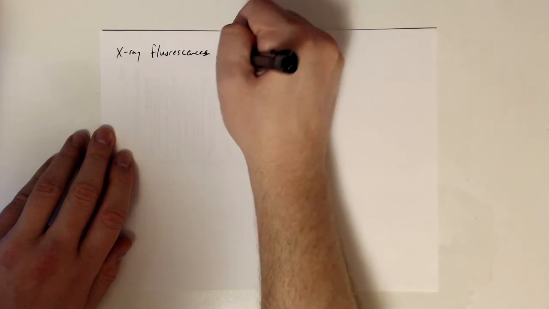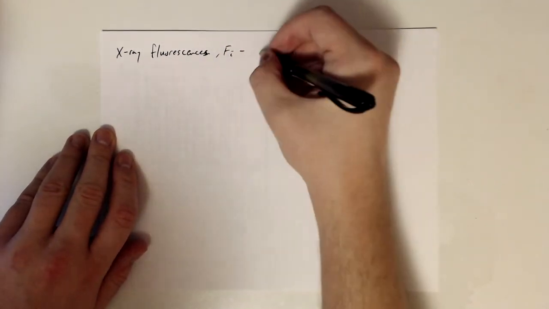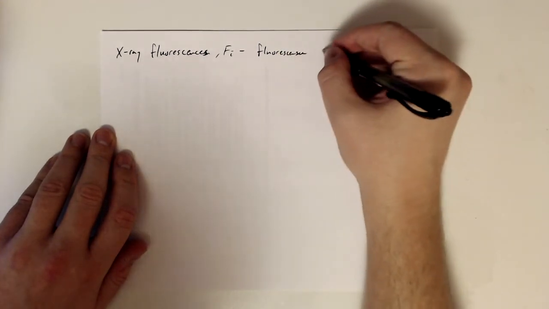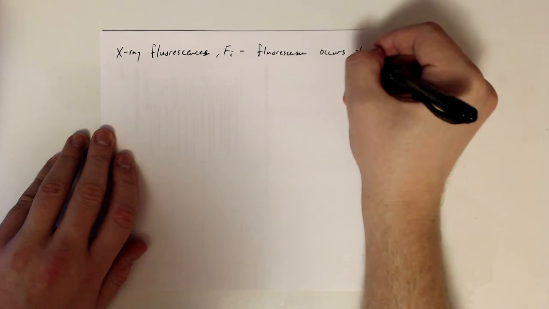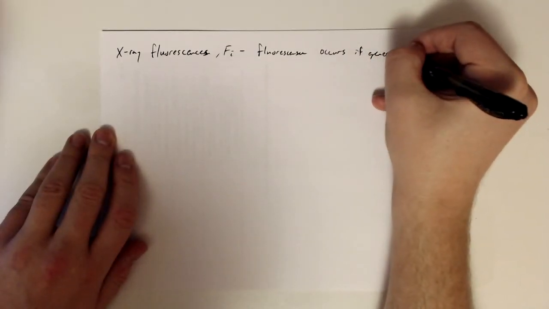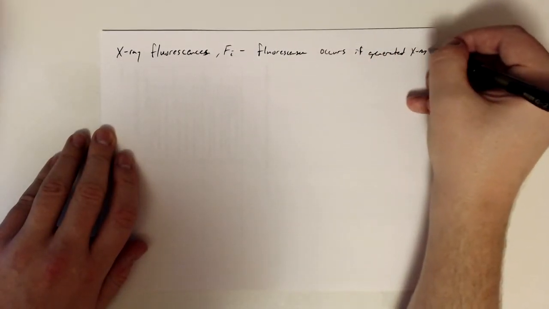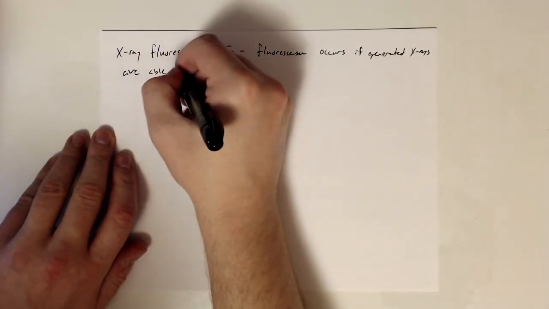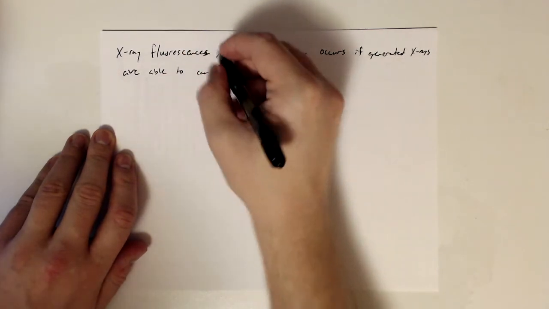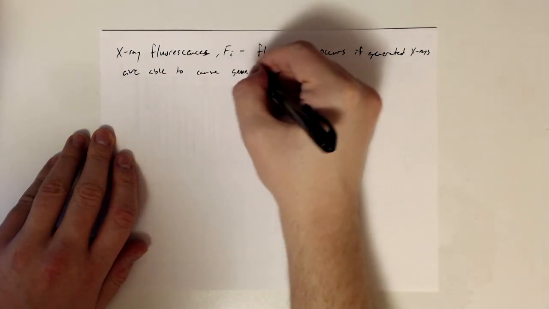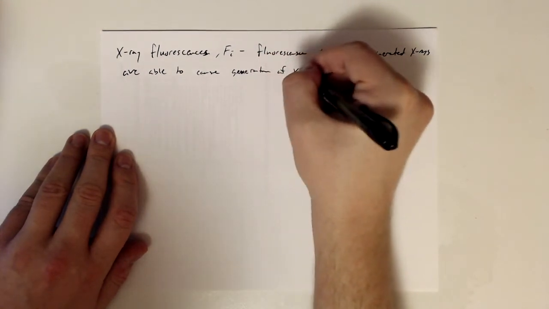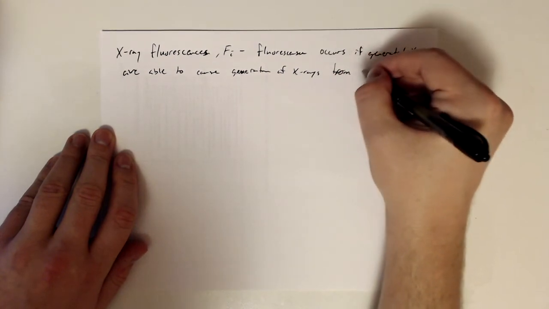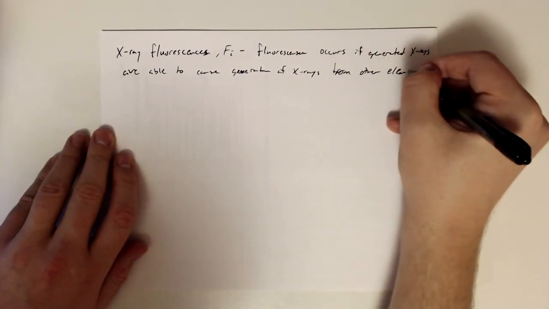And this is again F. So this fluorescence occurs if we have generated X-rays and they're able to cause generation of X-rays from other elements.